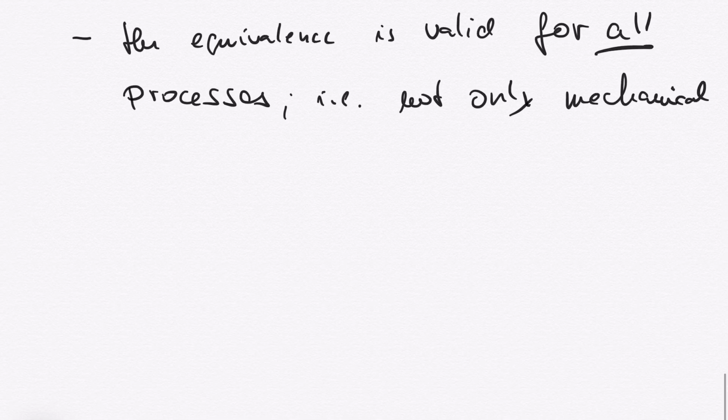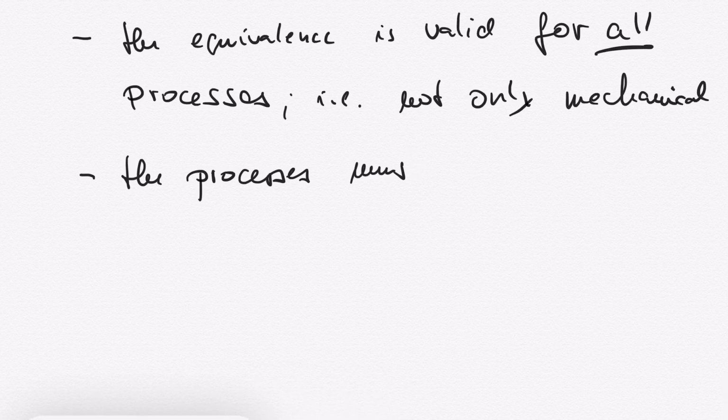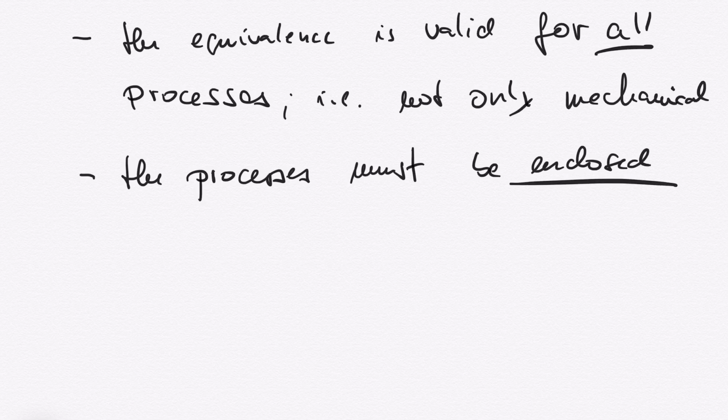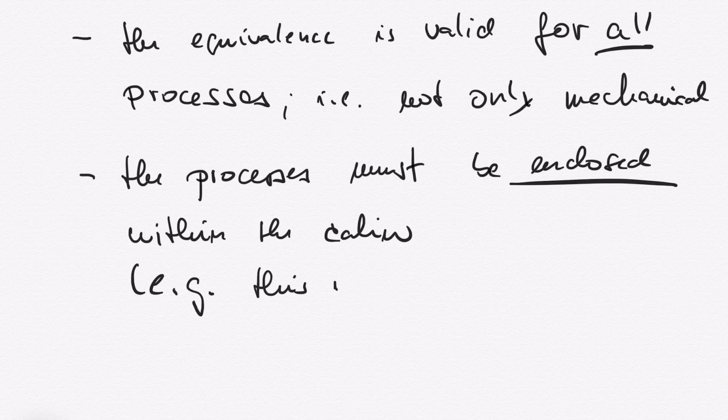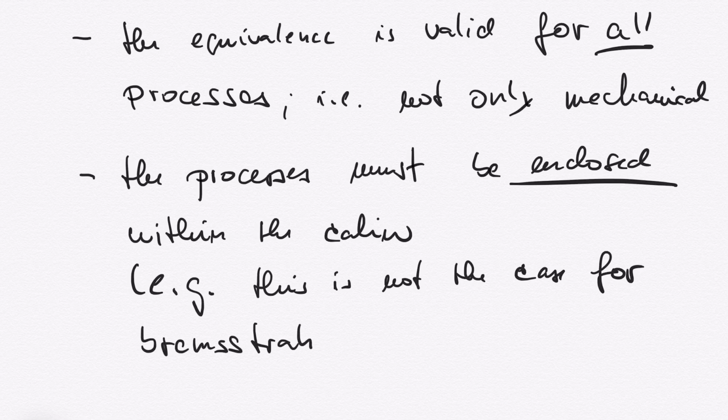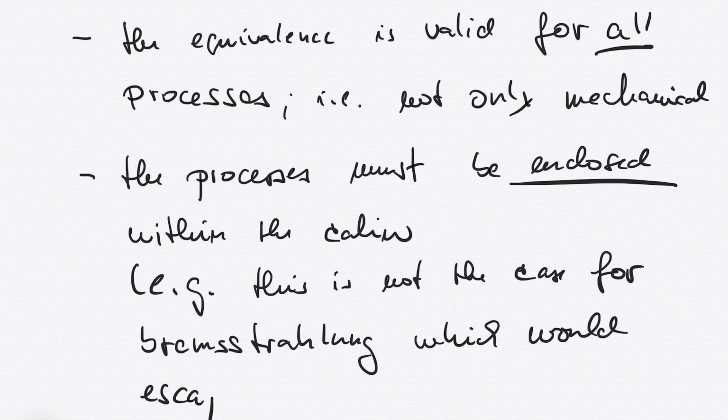The third comment is that the processes must be enclosed within those elevator cabs. So, for example, a process like Bremsstrahlung, which would escape from the elevator cab, is not covered by the equivalence principle, because Bremsstrahlung goes out of the elevator cab.